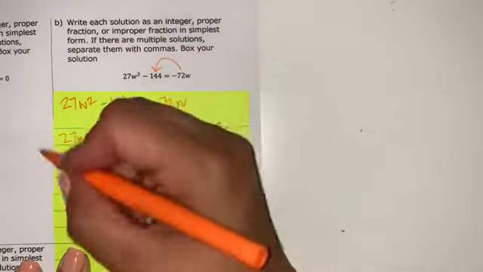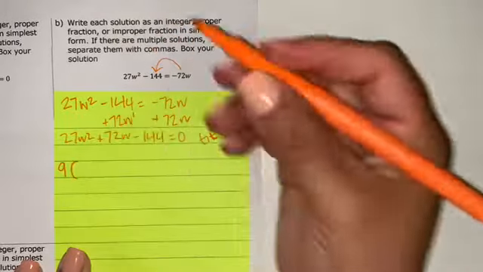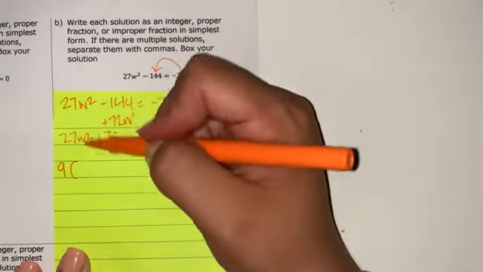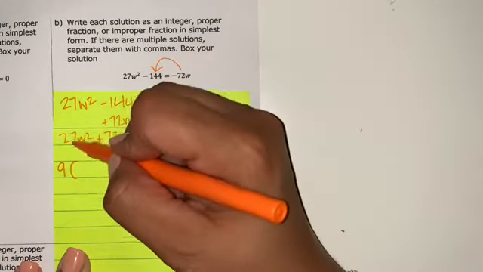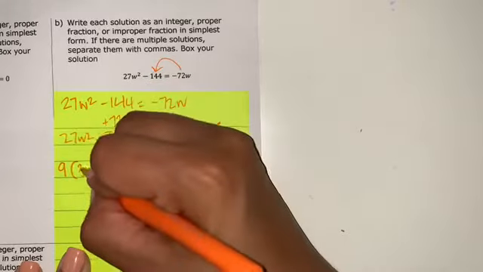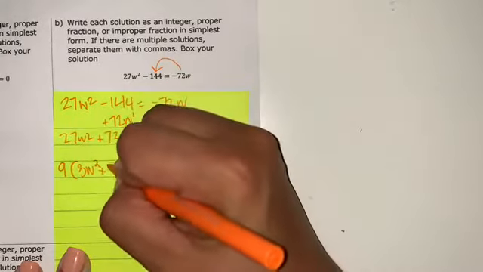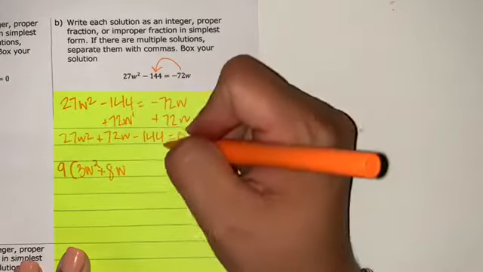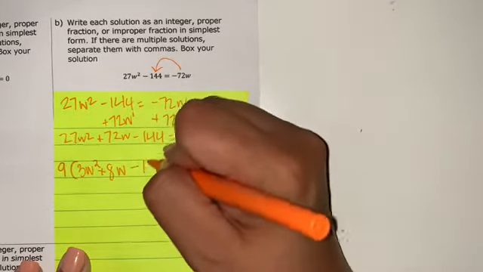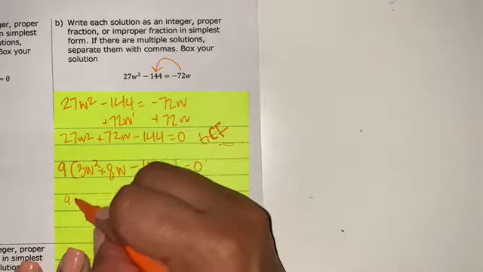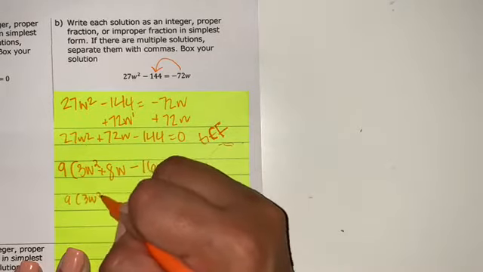So let's go ahead and pick 9. Remember, we want to get whole numbers. 9 goes into 27 3 times, 9 goes into 72 8 times, and 9 goes into 144 16 times. Then we can divide both sides by the 9 to get it out of the way.